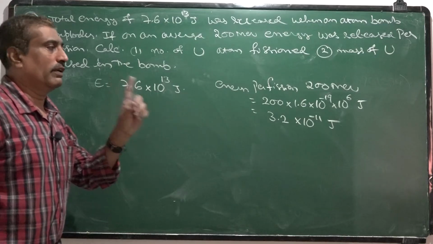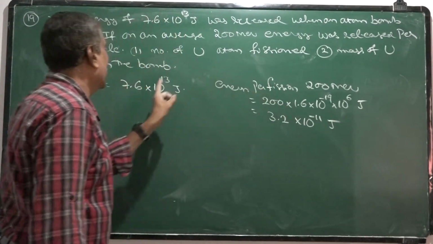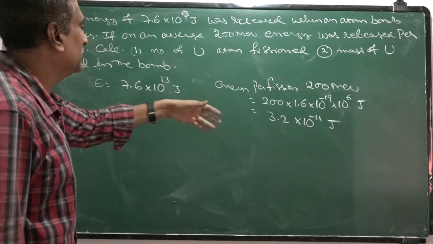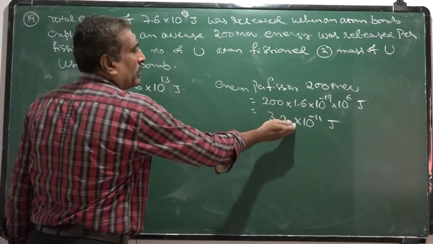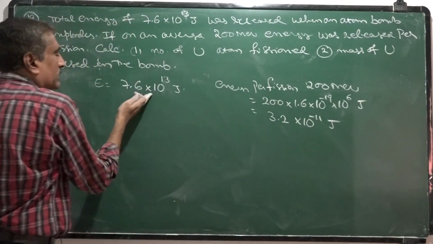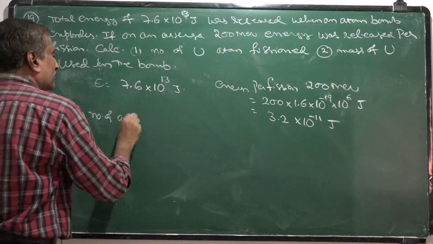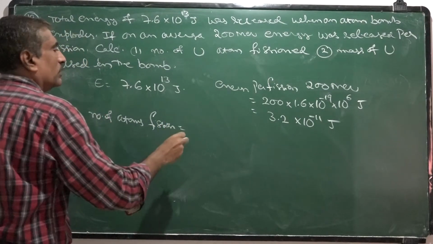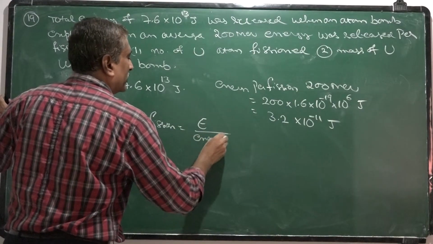Okay. So for one fission, energy released is this many joules. Total energy released is this one. So the number of fissions means this divided by this. So number of atoms fissioned is equal to total energy E by energy per fission.